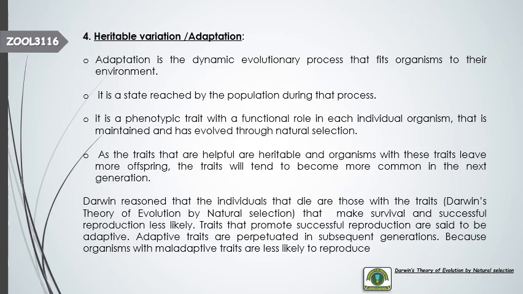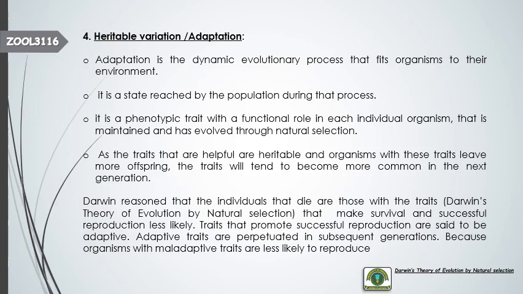So traits that promote successful reproduction are said to be adaptive. Definitely, a trait that could be passed on to the next generation could make the adaptation. Adaptive traits are perpetuated in subsequent generations because organisms with maladaptive traits are less likely to reproduce.